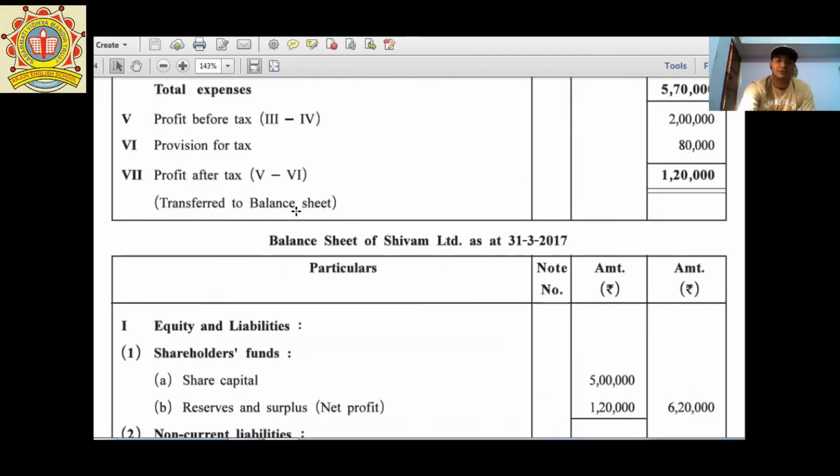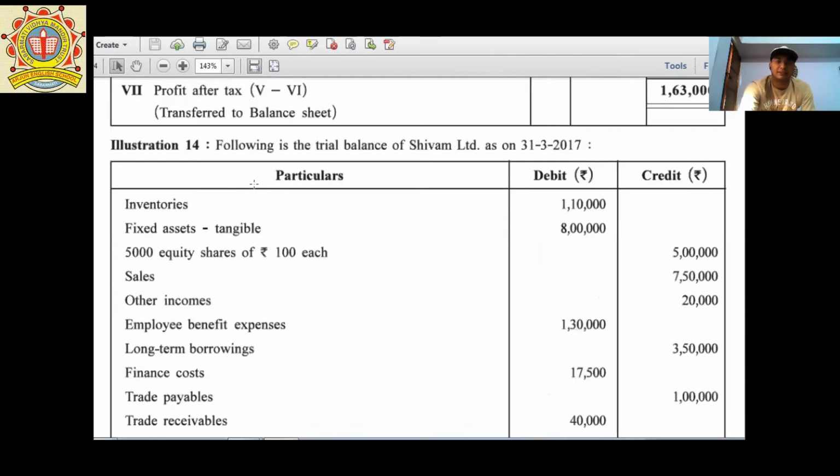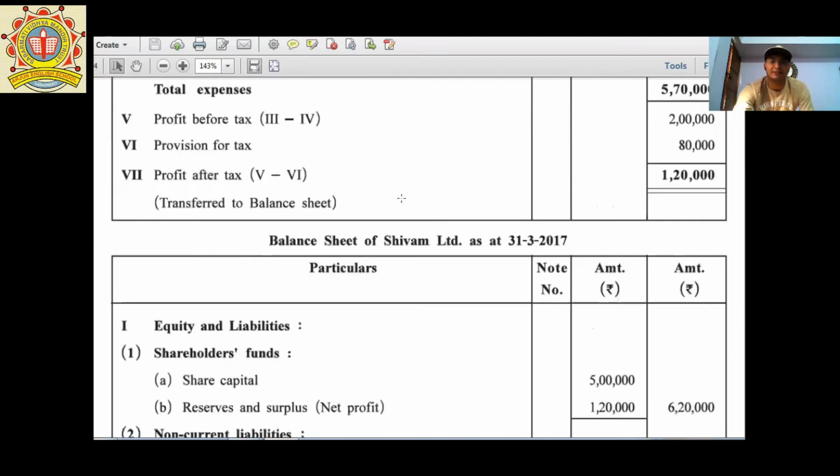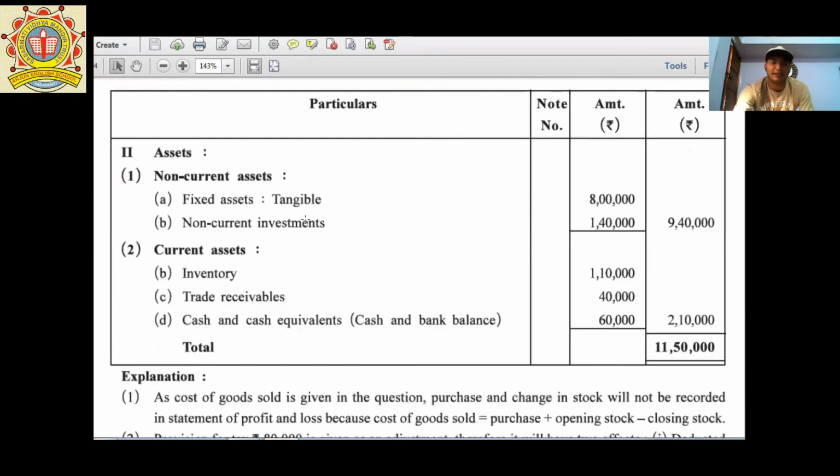Now I am starting the sum. First of all, it is inventory. It has a debit balance. So this 1,10,000 inventory has a debit balance, so it is recorded in current assets as inventory, and it is simply given in the trial balance.